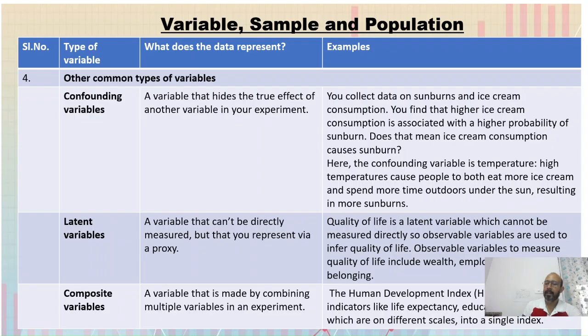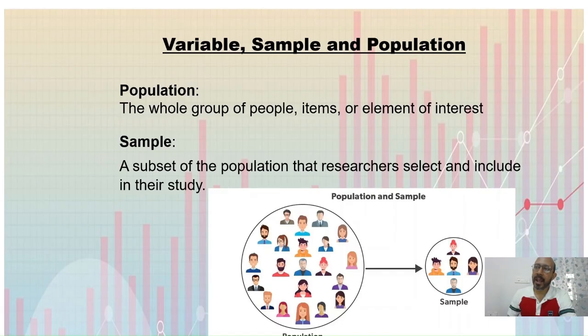Composite variable: a variable made by combining multiple variables in an experiment. The Human Development Index, HDI, combines indicators like life expectancy, education, and income, which are on different scales, into a single index. Now I will come to population and sample.